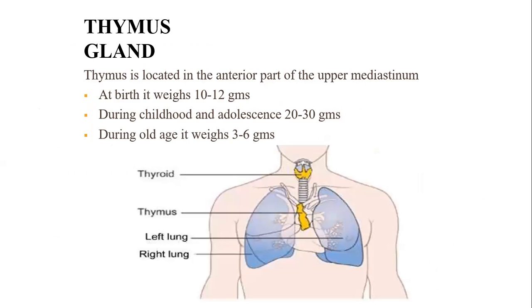Then the next endocrine gland, that is the thymus gland. It is located in the anterior part of the upper mediastinum, as shown here. Sorry, this is the thymus gland. At birth, it weighs about 10 to 12 grams, and during childhood and adolescence, its weight is about 20 to 30 grams. During old age, it weighs about 3 to 6 grams.